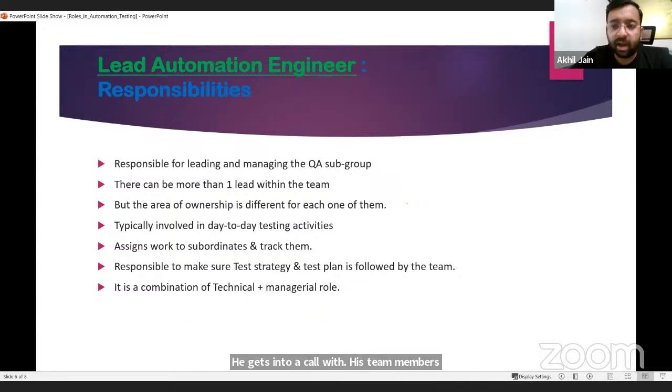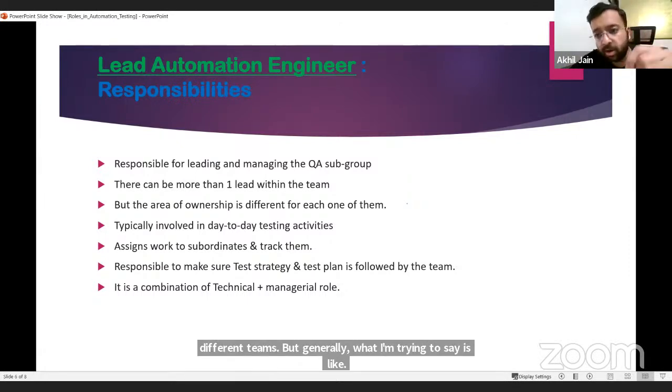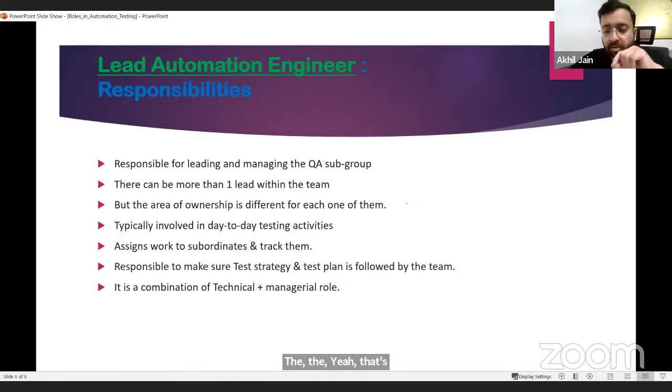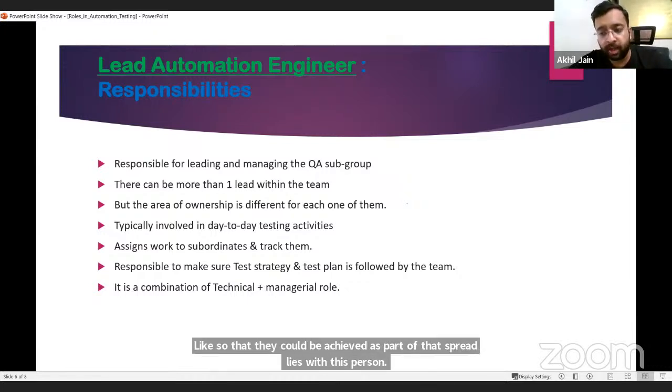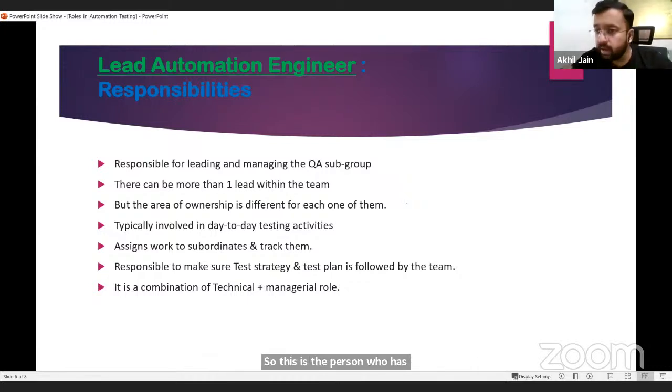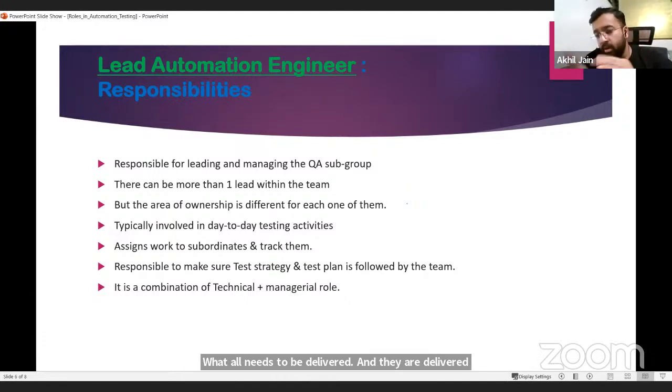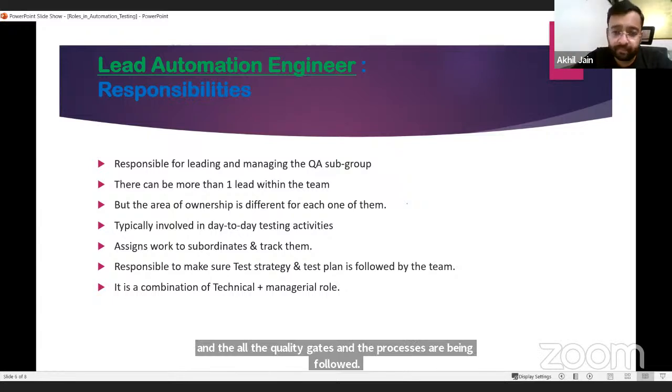This process could be different for different teams, but generally, the responsibility of assigning things so that they can be achieved as part of that sprint lies with this person. He has to make sure that things are committed, that what needs to be delivered is delivered, and that all the quality gates and processes are followed during that sprint cycle.